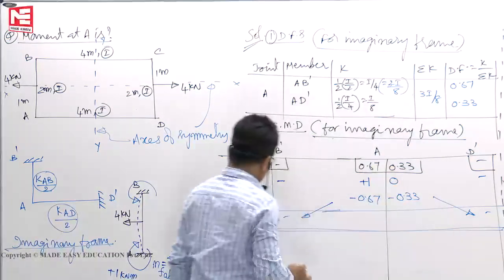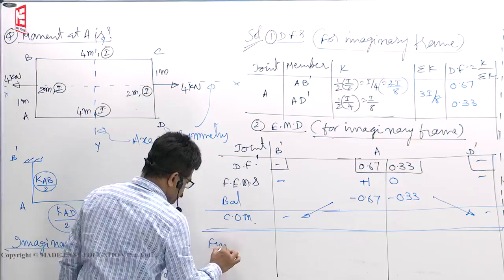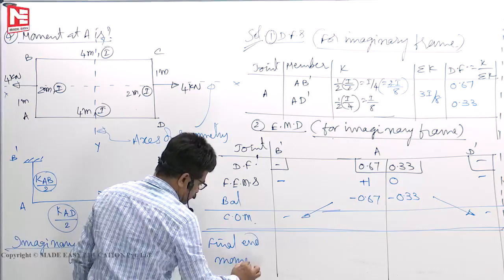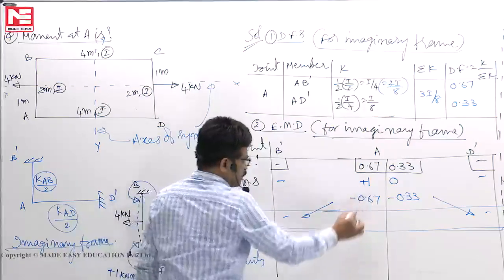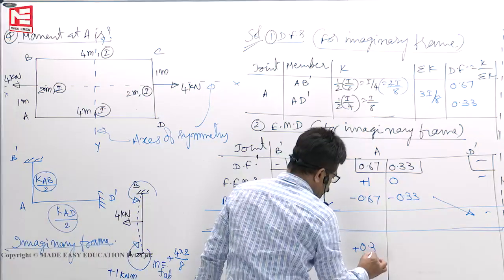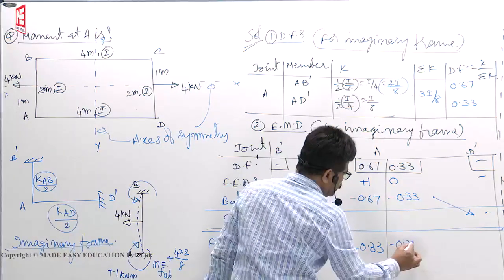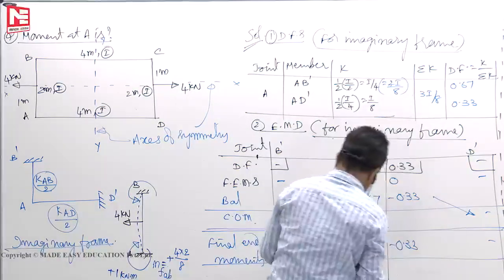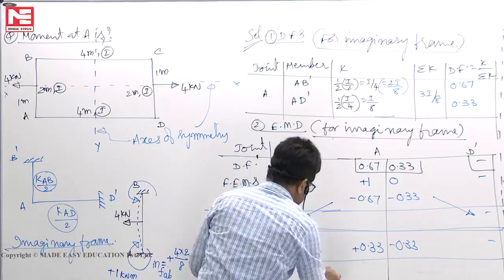Now you see final end moments. This is plus 0.33, minus 0.33, nothing. So moment at A is 0.33 kilonewton meter.